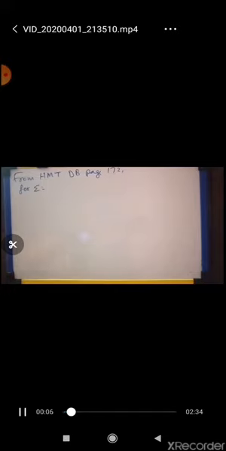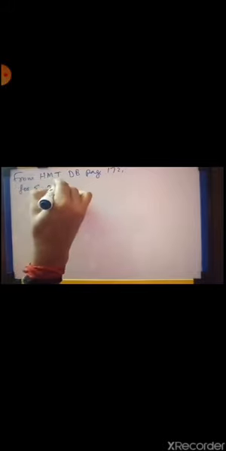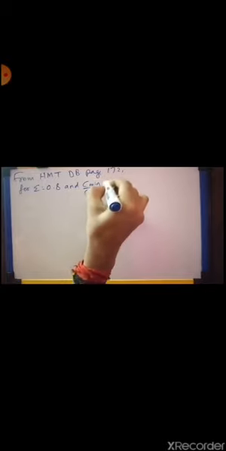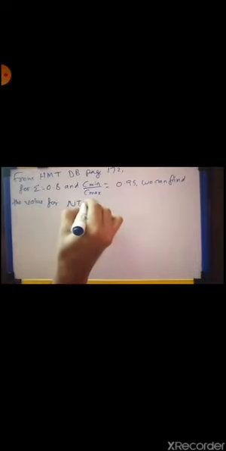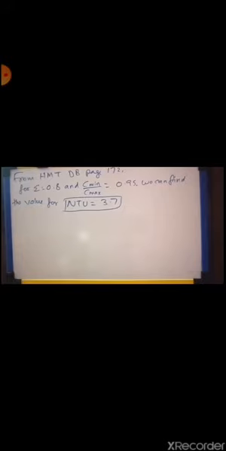For epsilon value equal to 0.8 and C minimum by C max equal to 0.95, you get the value for NTU as 3.7.